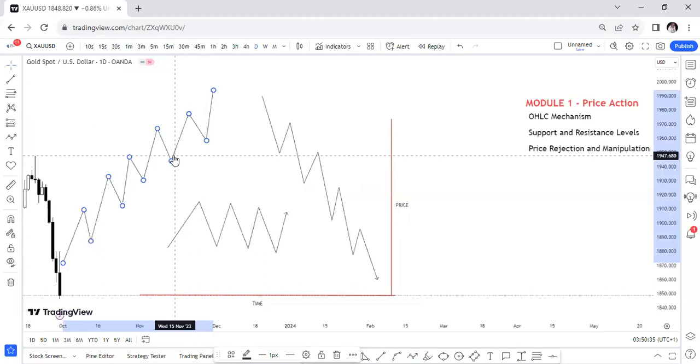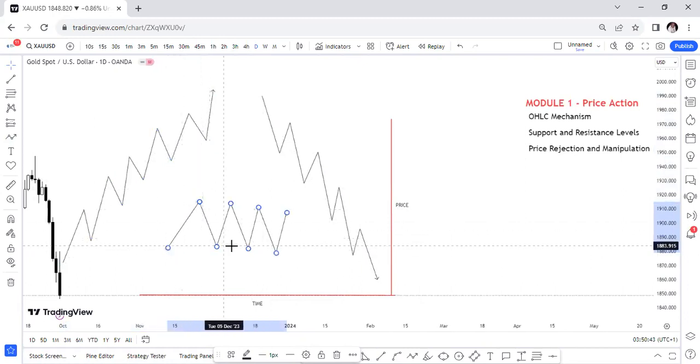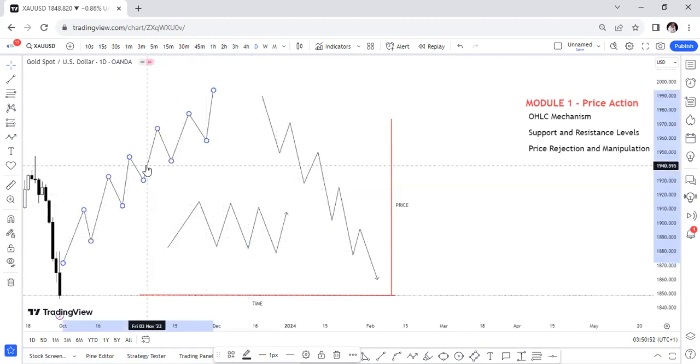Three trends. Either price is moving higher, or it's moving lower, or it will be moving in a bracket form. That is the technicality behind price action.